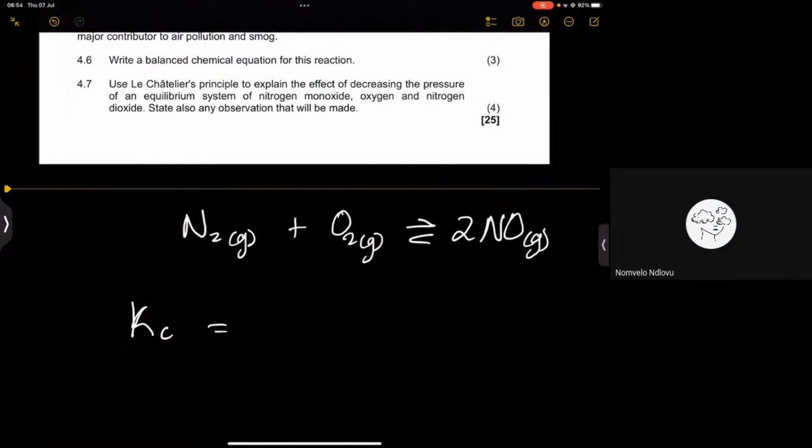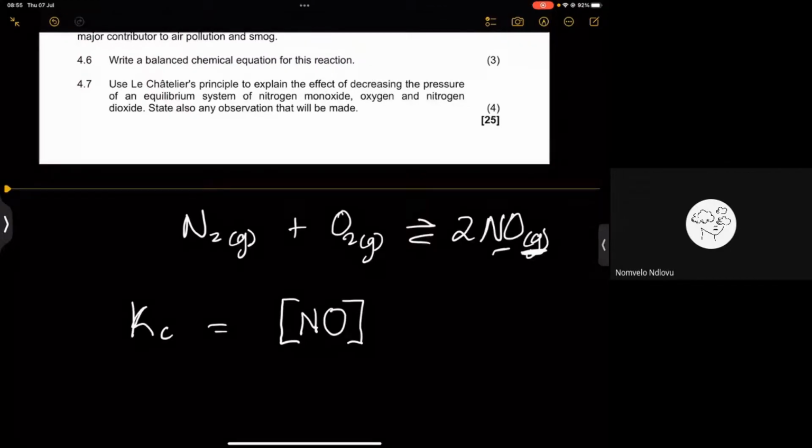We've got NO as a product, so it means we're going to say the molar concentration of nitrogen monoxide. It is in gas form. Remember, for the expression, you only include gas and aqueous solution. So if it's liquid or solid, we do not include it in the expression. In fact, if it's liquid or solid, you can put a 1 in its stead, rather.